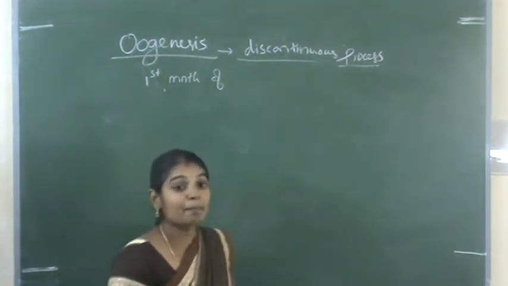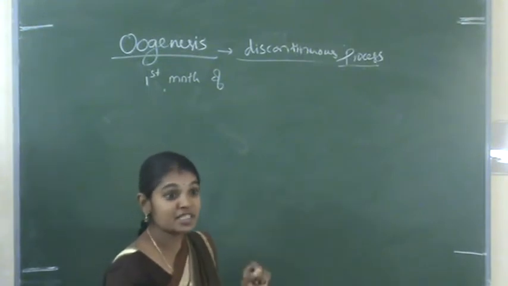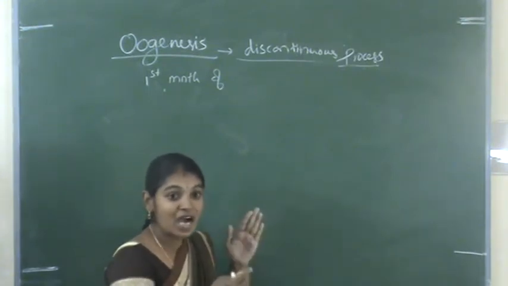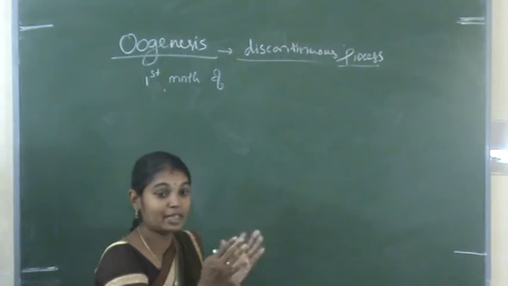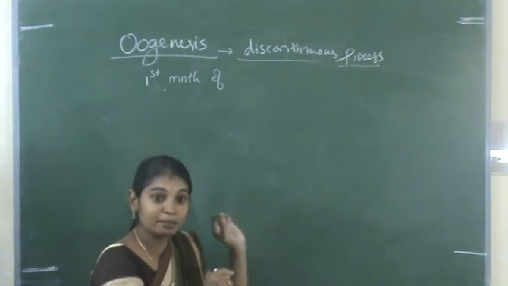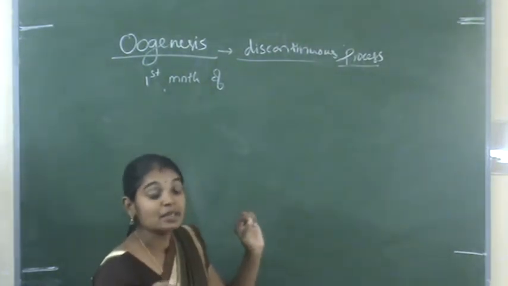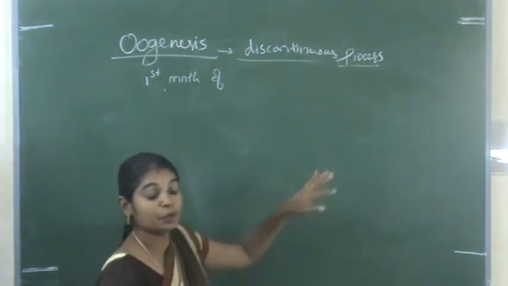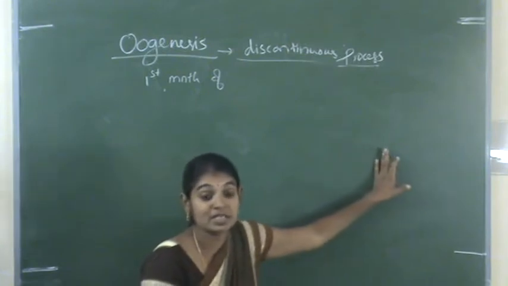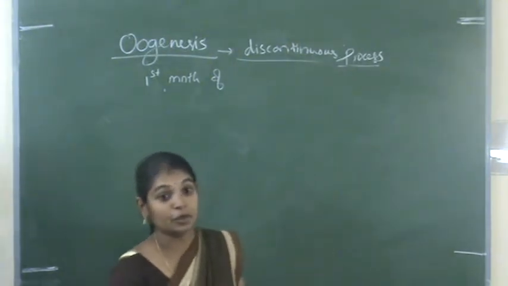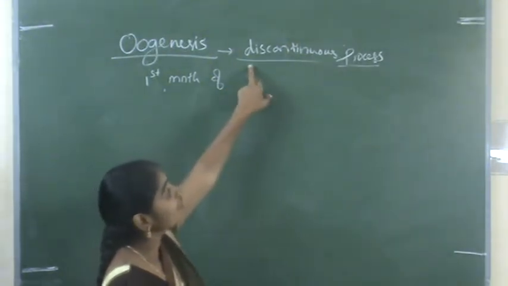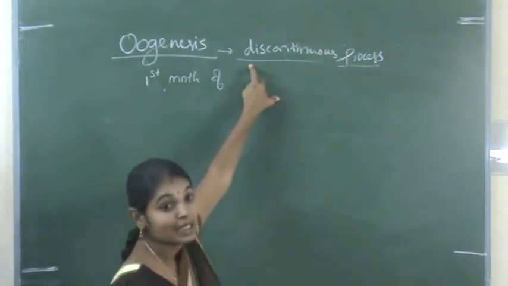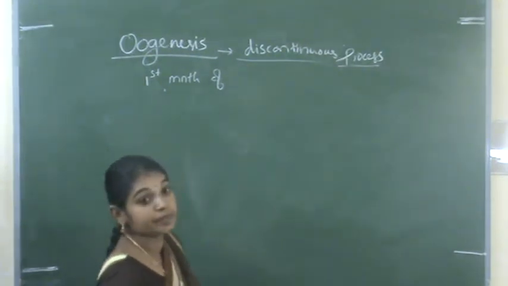The process of oogenesis starts before birth, then after birth, when the baby is born, from that period to puberty, oogenesis is paused. Then after the puberty stage, once again the oogenesis process will continue. So that's why it is known as a discontinuous process. We will discuss that a little later.